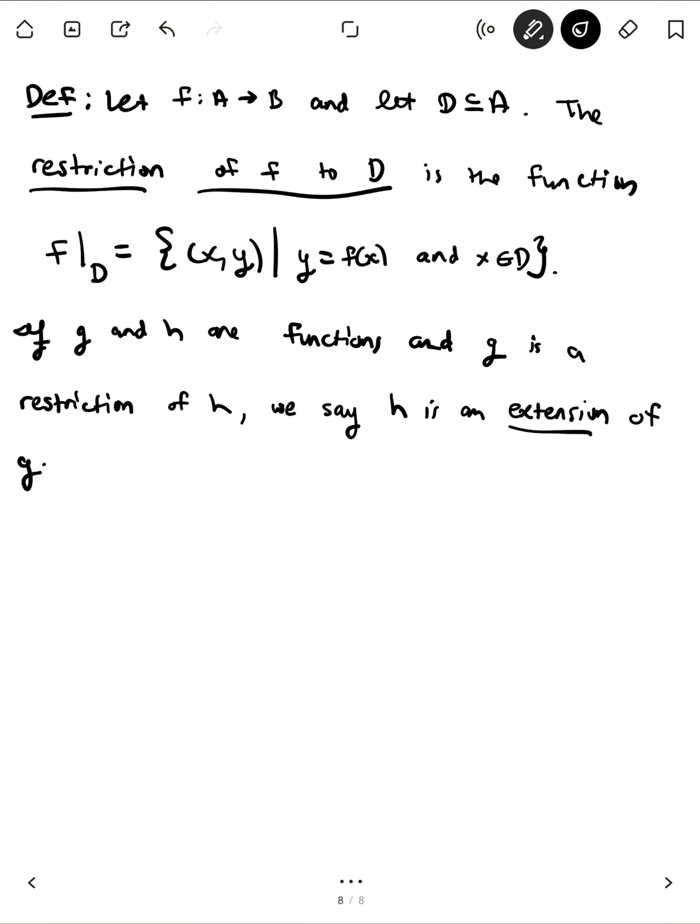The best example of an area where I think these ideas of restriction become important is when you're trying to define the inverse of the sine function. So recall, sine is a function from R to R, right?